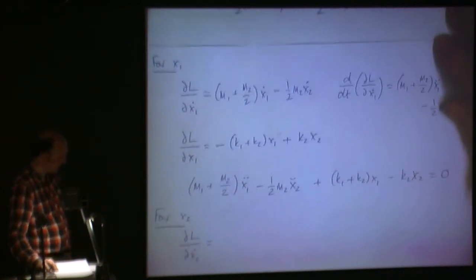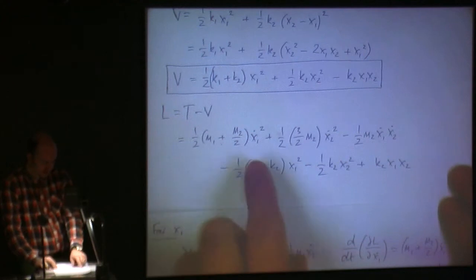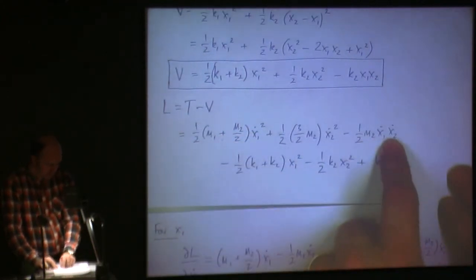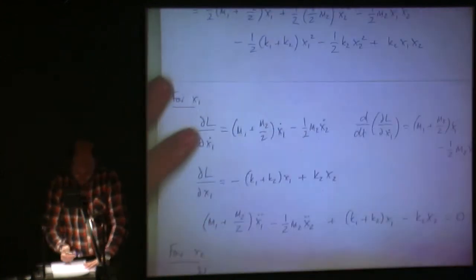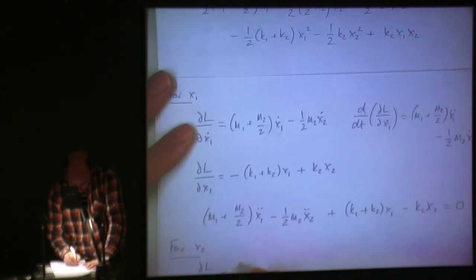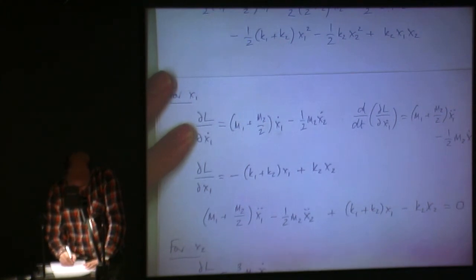So for the x2, I have to take all the terms with x2 dot in. So I ignore this one, I take this one, and I take this one. I ignore everything else. So I've got over here 3/2 m2 x2 dot minus 1/2 m2 x1 dot.